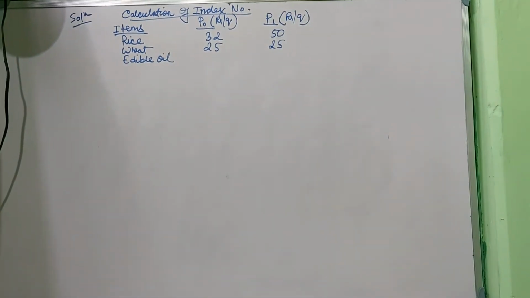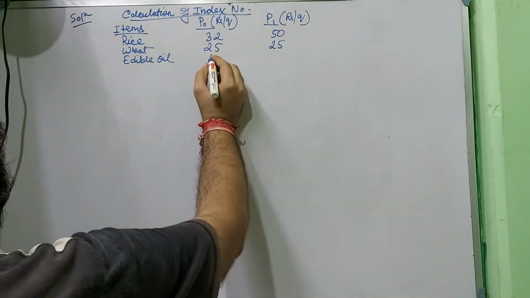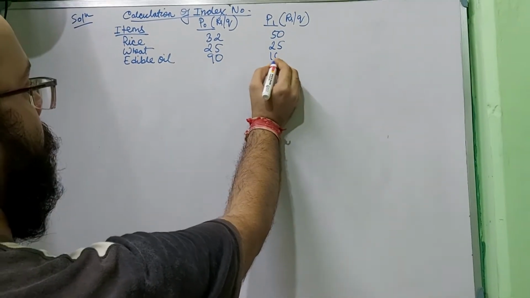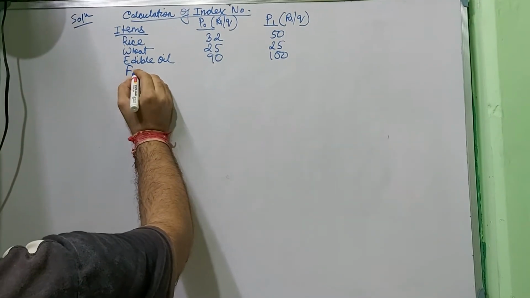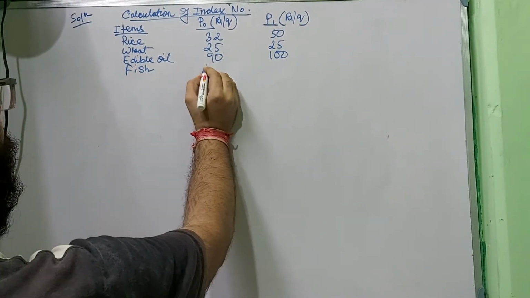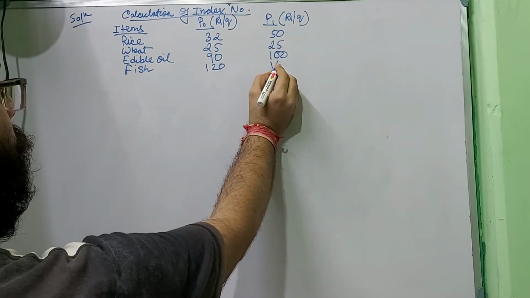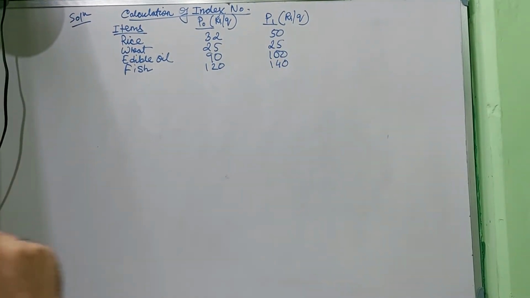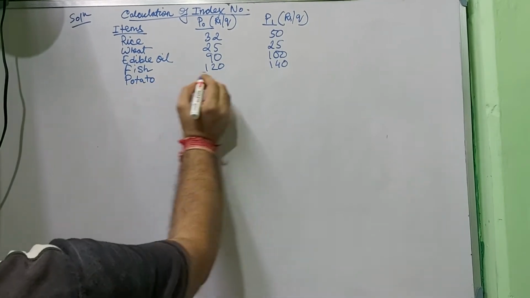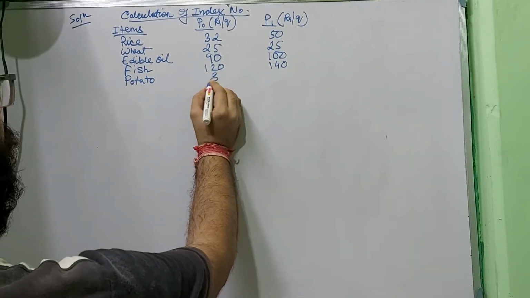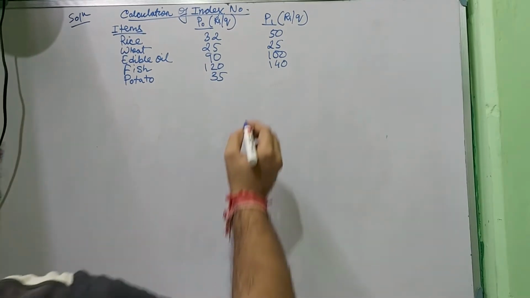That is basically the edible oil. Fish 120 and 140. And potato, which is 35 and 40.